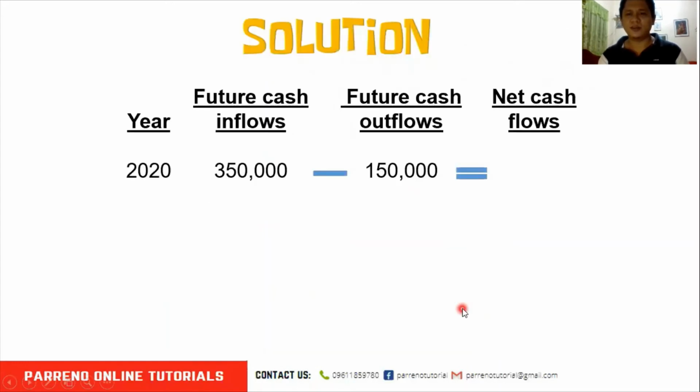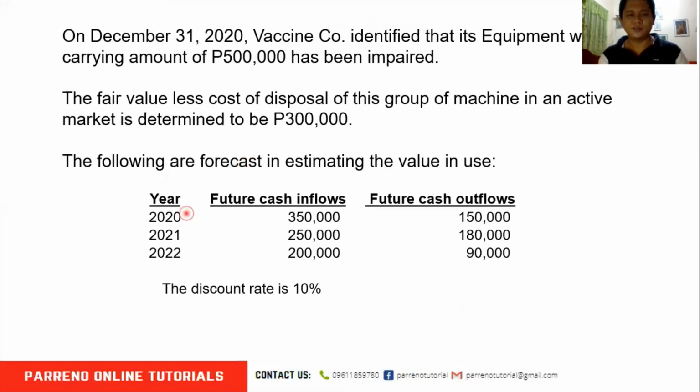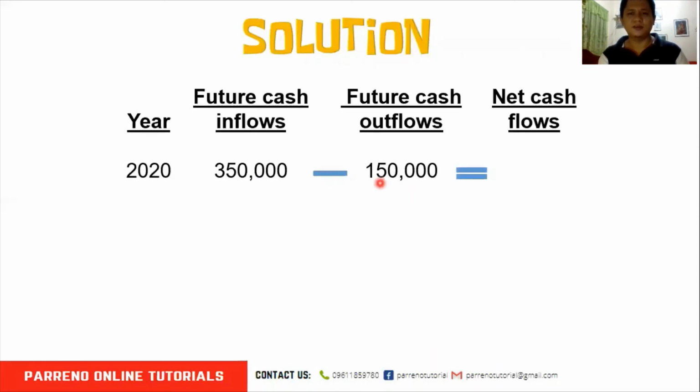Our solution here is, let's go back here: future cash inflow 350, future cash outflow 150. So our net cash flow is inflow less outflow, equals 200,000. That means we have to determine first the net cash flows for each period.